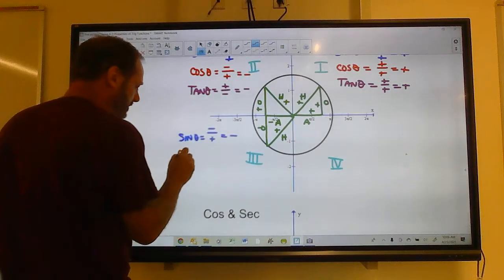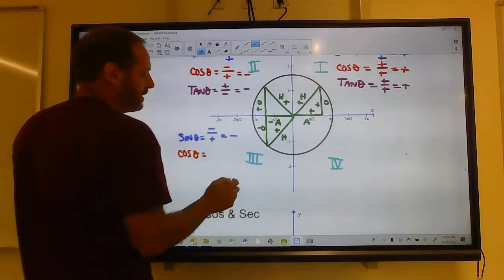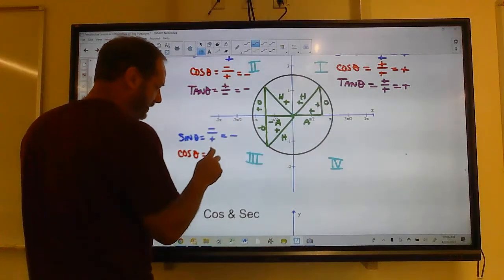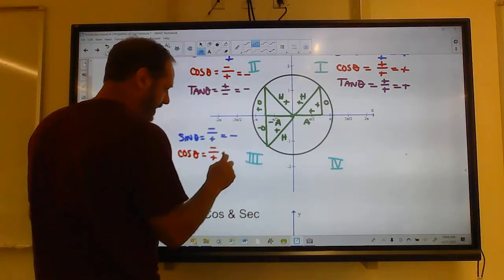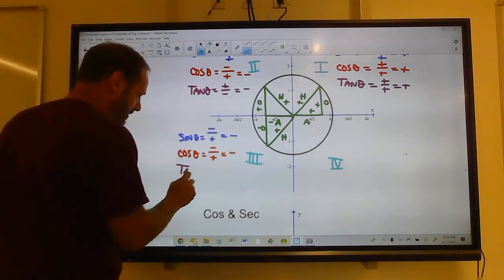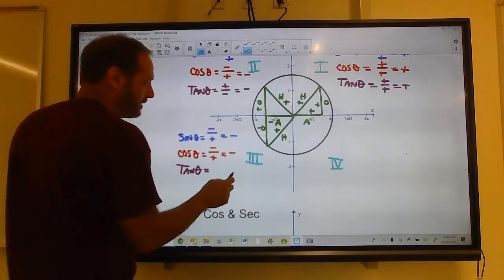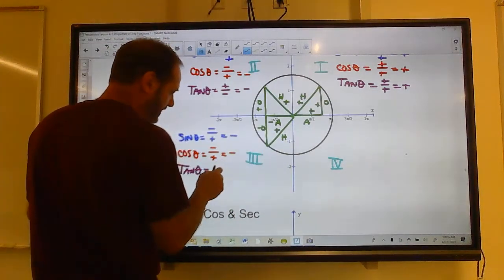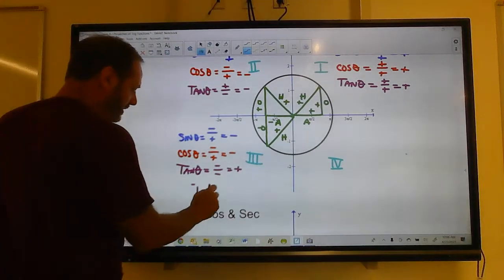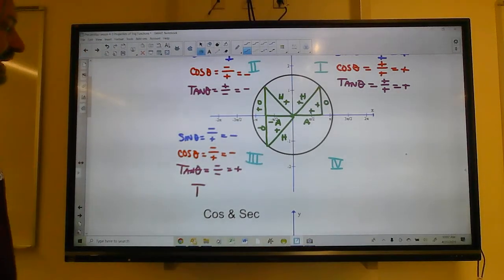The cosine is the adjacent over the hypotenuse, so that's a negative over a positive again, that's also negative. And then the tangent is an opposite over adjacent, so it's a negative over a negative, that's a positive. So down here, tangent is positive.